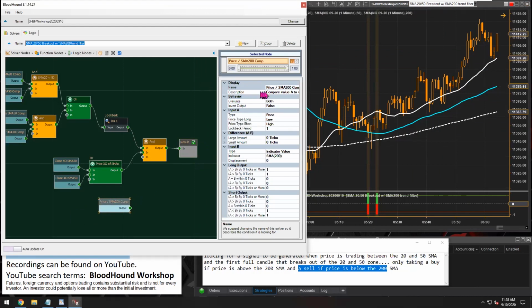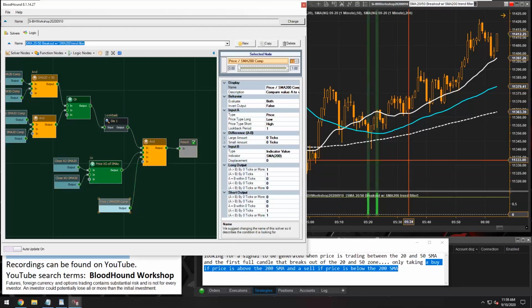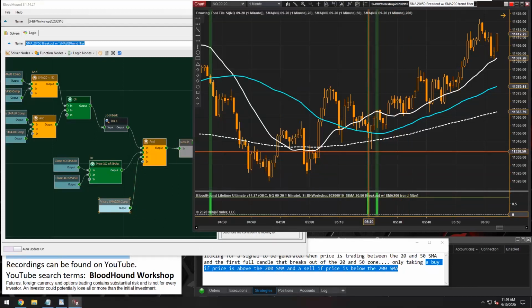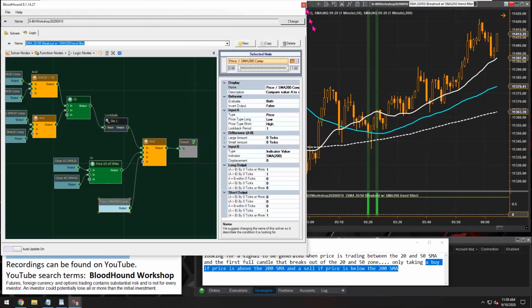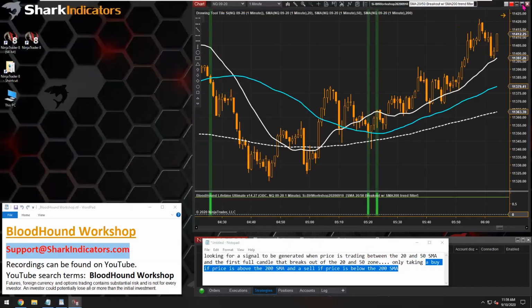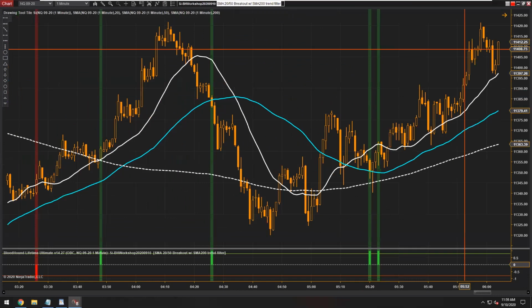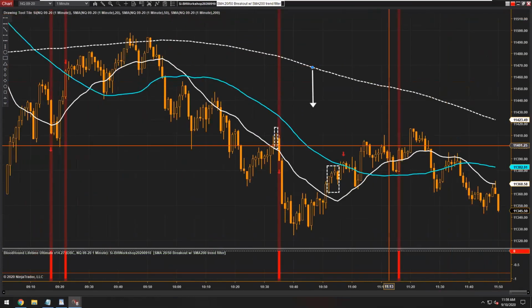So remember, when we're comparing price to the SMA 200, this last part of the rules determines the direction. So as soon as we connect this into the AND node, now we're left with directional signals. Let's close that. Let's expand that out. And we'll just take a look through it.